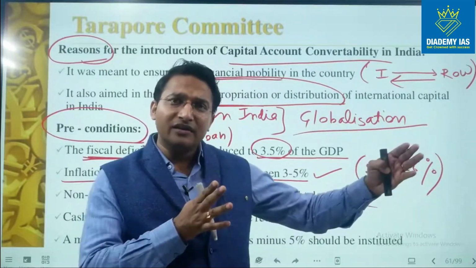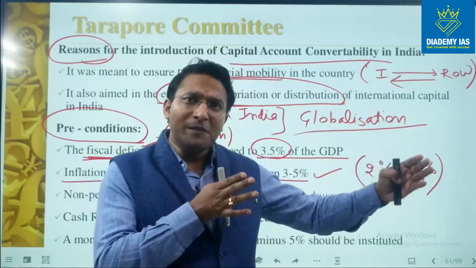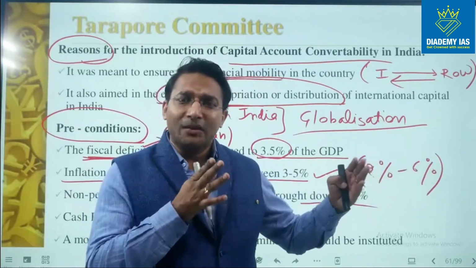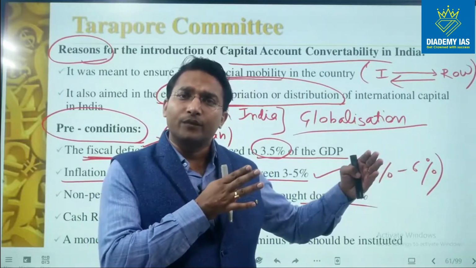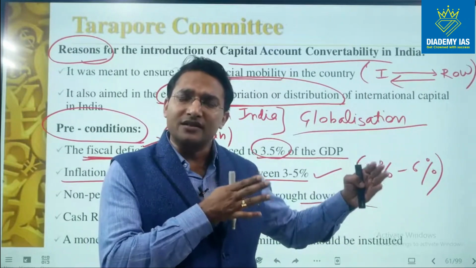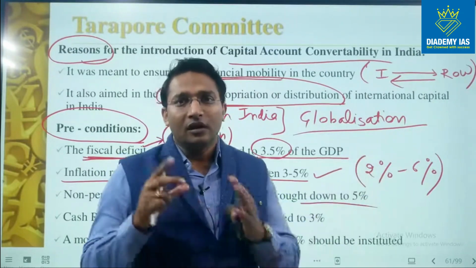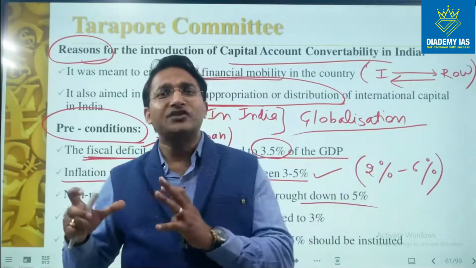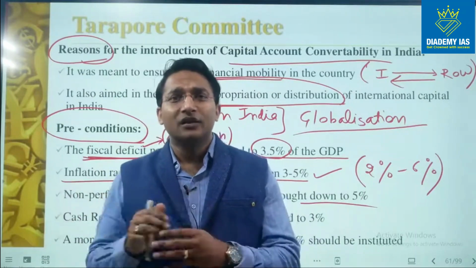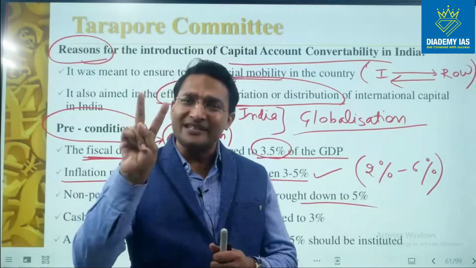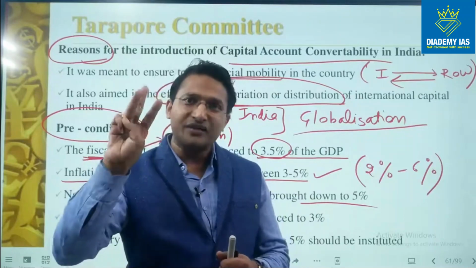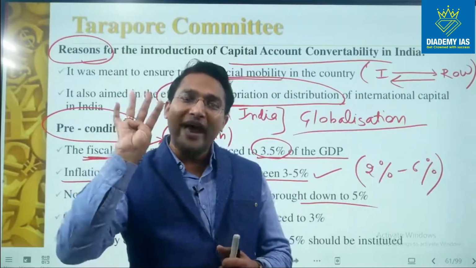So earlier we were in the twin balance sheet crisis. The balance sheet of the corporates and the balance sheet of the banks were bad. Now we are in the four balance sheet crisis. That means the balance sheet of the corporates, the banking sector, the real estate sector, and the NBFCs.